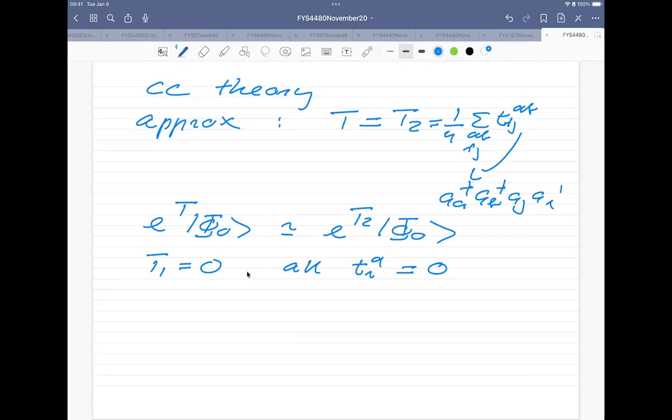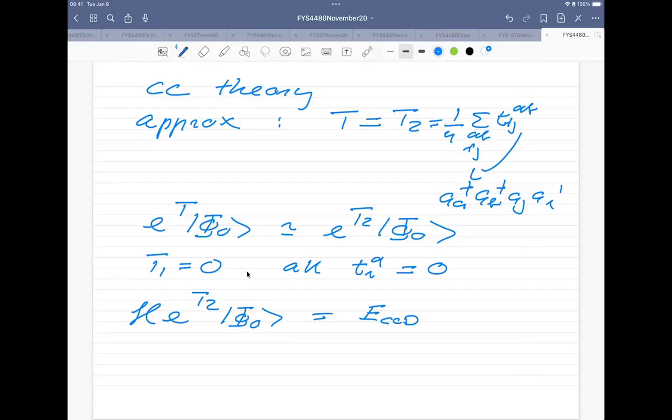So if you now go back to the Hamiltonian we had, we're going to have the Hamiltonian acting on e^{T2} phi 0, and this is equal to E0. And now this is an approximation, so I'm not going to put E0 here, but I'm going to call this E_CCD.